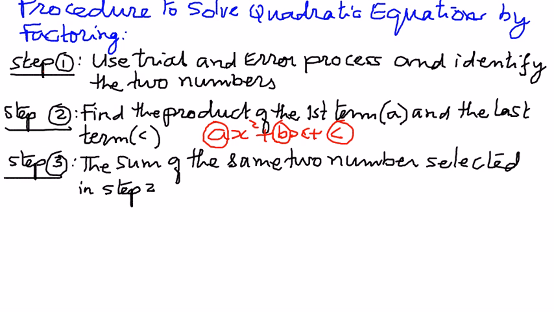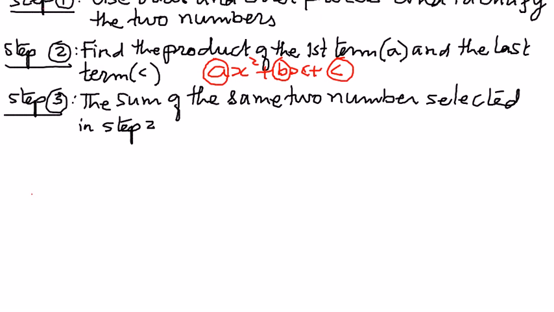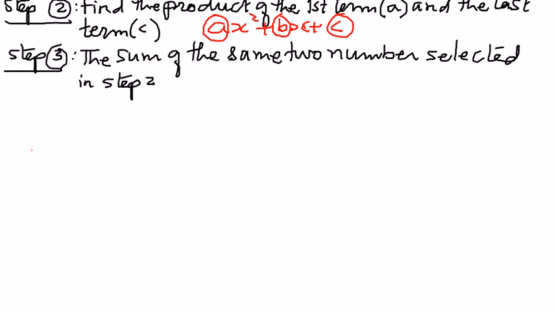Then, as step number 6, we're going to say use the factoring by grouping technique to factor out the given trinomial. The left hand side of the quadratic equation is a trinomial. It has 3 terms in it. So we're going to factor it out by using the factoring by grouping technique.